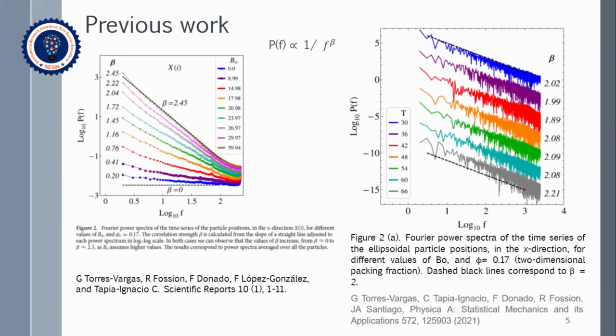At lower effective temperature, the motion becomes subdiffusive and arrested. On the other hand, the motion of the ellipsoidal particles is always diffusive, even though the effective temperature is low.